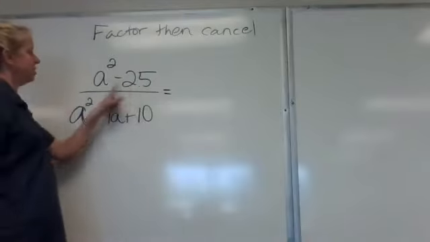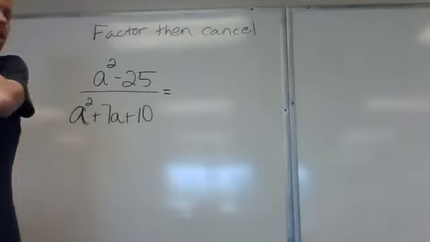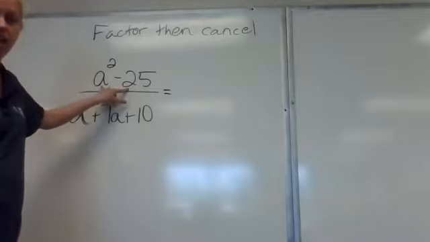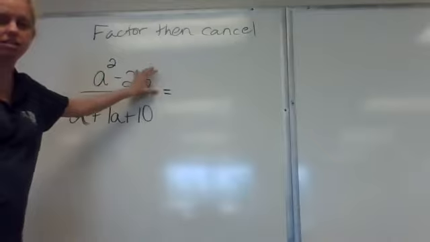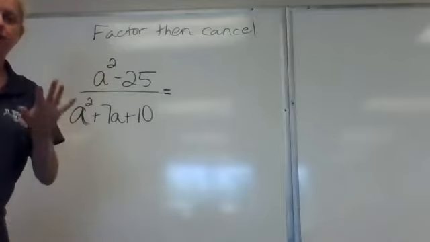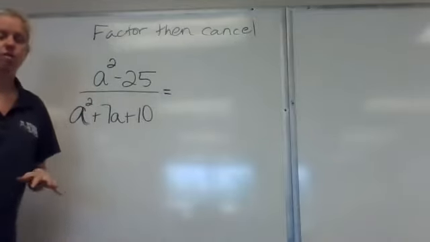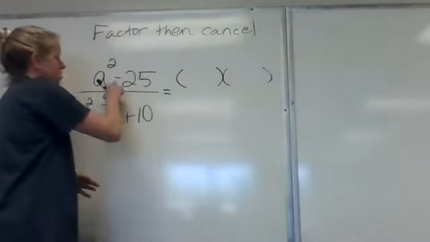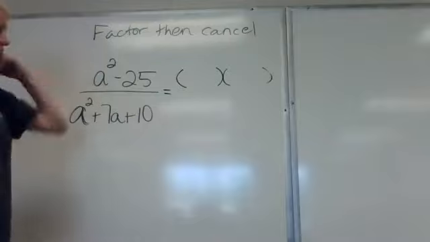So up top, there's only 2 terms, so it's not a trinomial. I'll look for anything in common, but there's not anything in common, but I do notice that these are both perfect squares, right? So they are going to factor perfect squares with a minus in the middle.